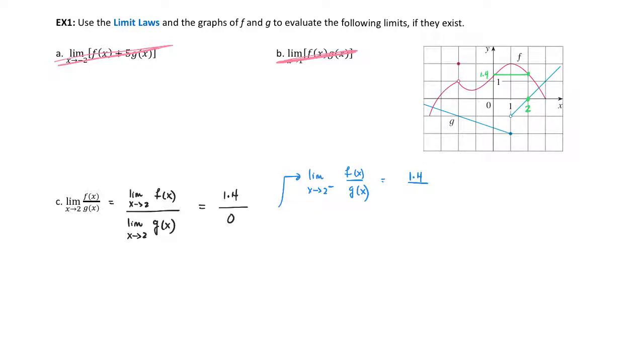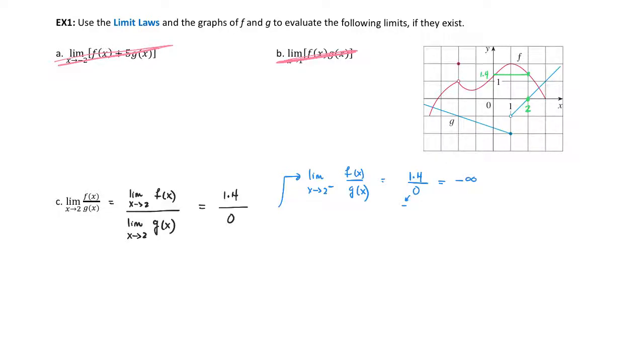So it is going to 0, but it is going to 0 in a negative way. So remember, these numbers over here are going to be negative. Then that means that 1.4 over something that is approaching 0, something that is getting very, very small, is going to be something very, very large, but negative. So this will be negative infinity.